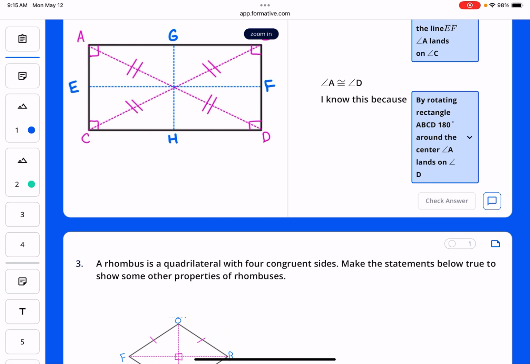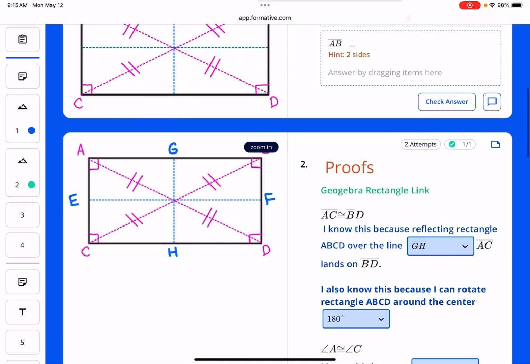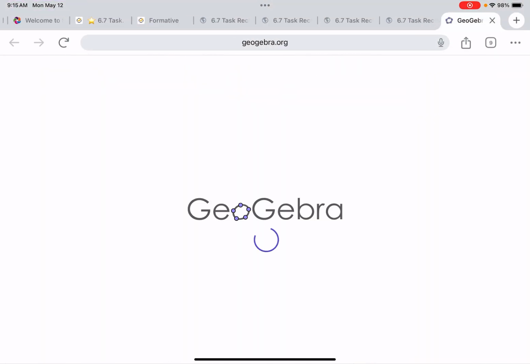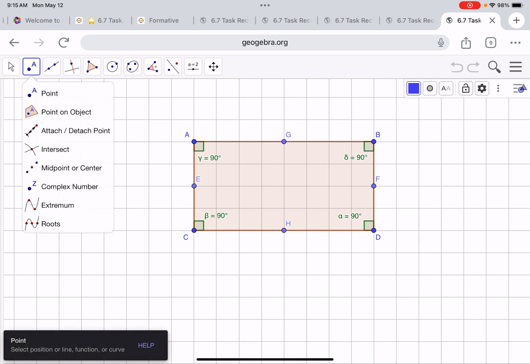I did it a different way, so that's going to get it to turn green. If you want to go back to GeoGebra and try that, you can. I'll just show you real quick. So we're going to rotate about the center point.